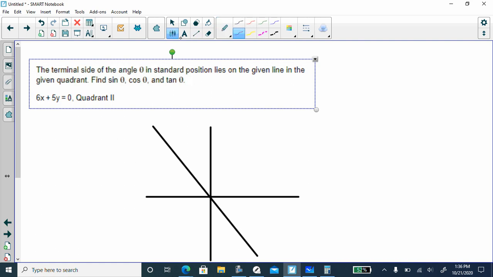If we were to solve that for y, we would get y equals negative 6 over 5x. So if we go to the left 6, we would go up 5. So that's a point on that side, to the left 6, up 5. So they want us to find sine, cosine, and tangent for that particular angle.